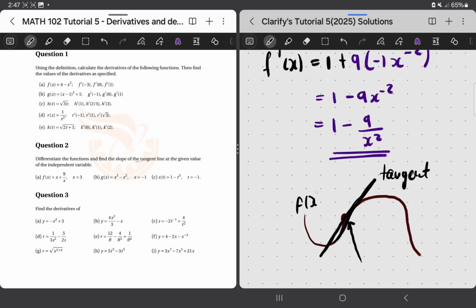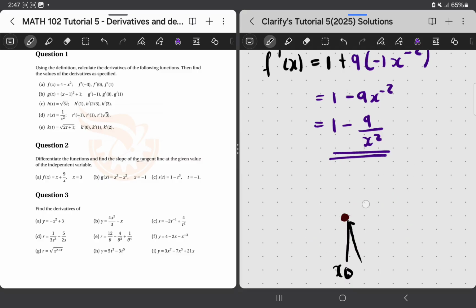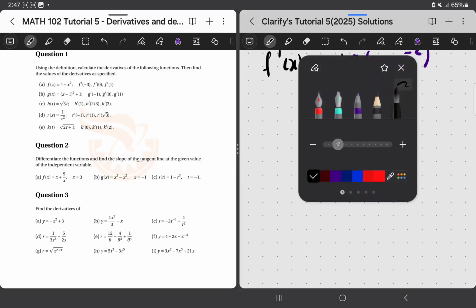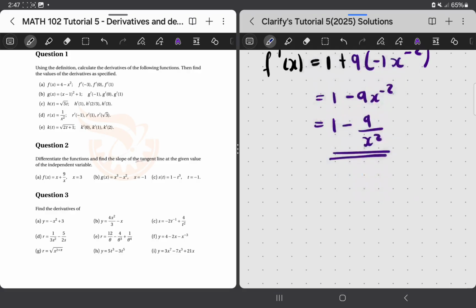This will be my f of x. If I find the slope f dash at this point, maybe we can call it x0, that will be the slope of the tangent at x0. So if you see them say, please find the slope of the tangent line, they're just saying find the slope of the function at that point.